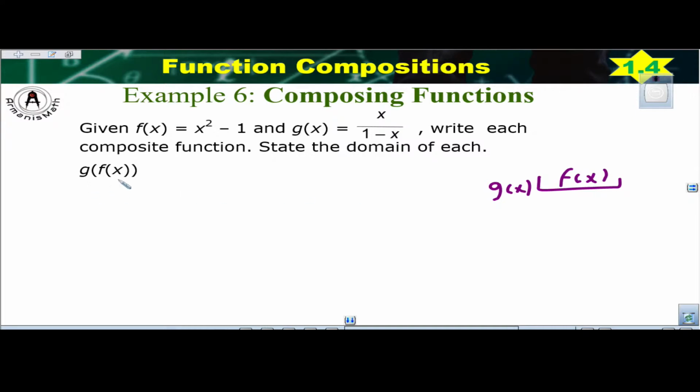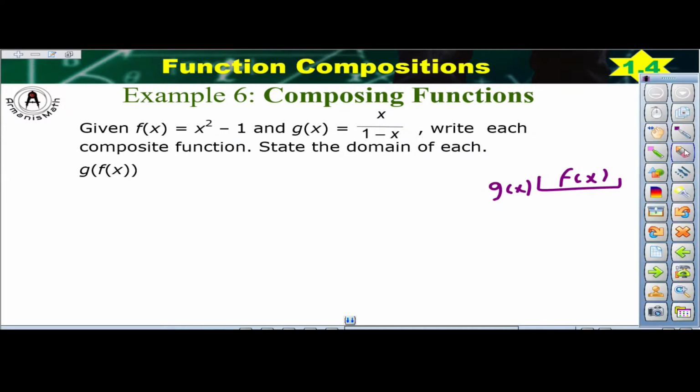So I'm going to call f of x a blob. That's just me. They wanted you to take this blob and put it whenever you see x. Well, it shows up more than once, right? So you put it here and you put it here. That's where you replace x with the blob.